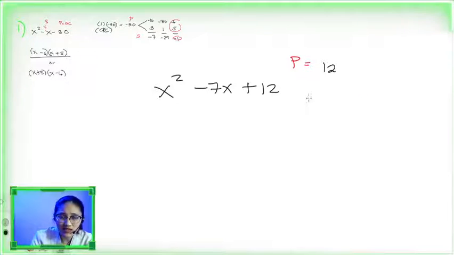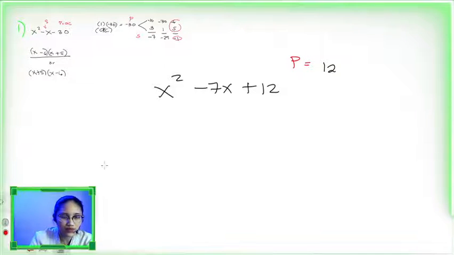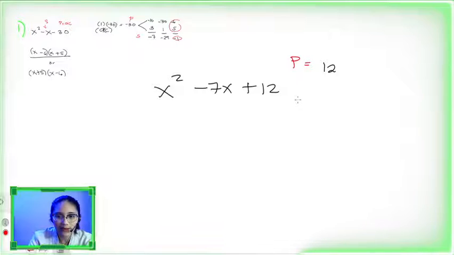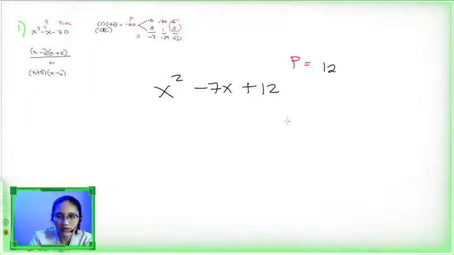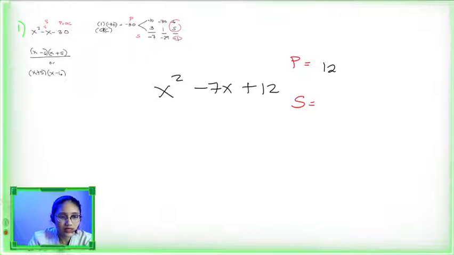And then next, ang sum po na hinahanap natin, the sum of the two factors na mahanap natin mamaya, should be, that should be using red. So the sum should be negative 7.